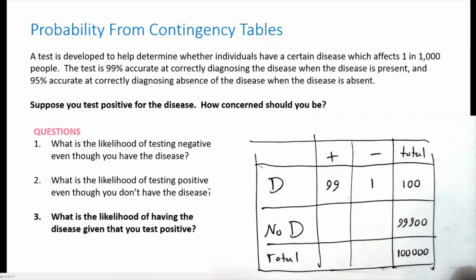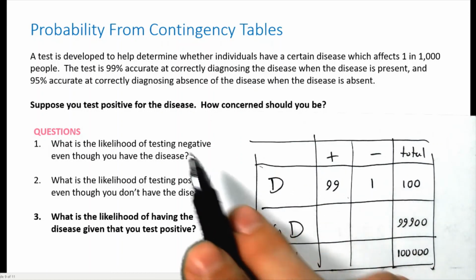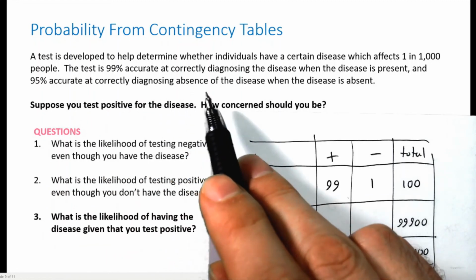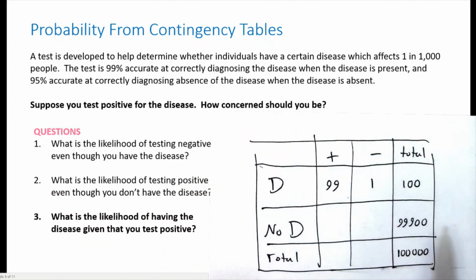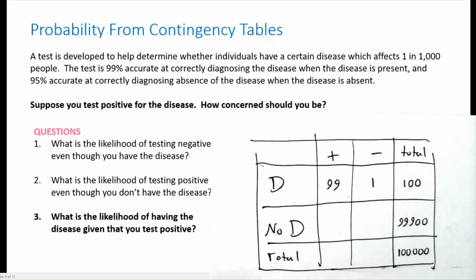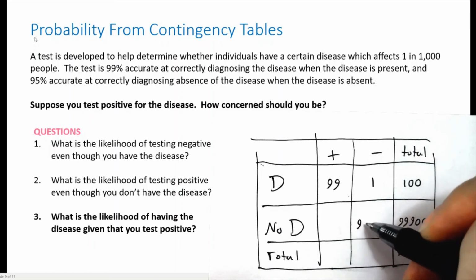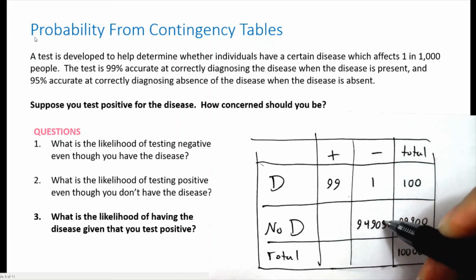Now, the test is 95% accurate at correctly diagnosing the absence of the disease when the disease is absent. So 95% of these people will test negative. We've got to compute 95% of that number, and what I get here is 94,905.